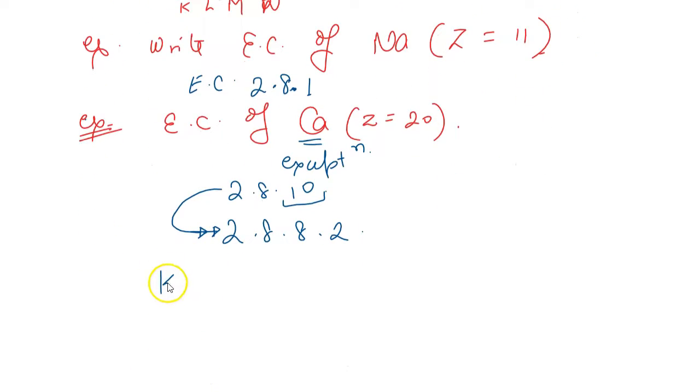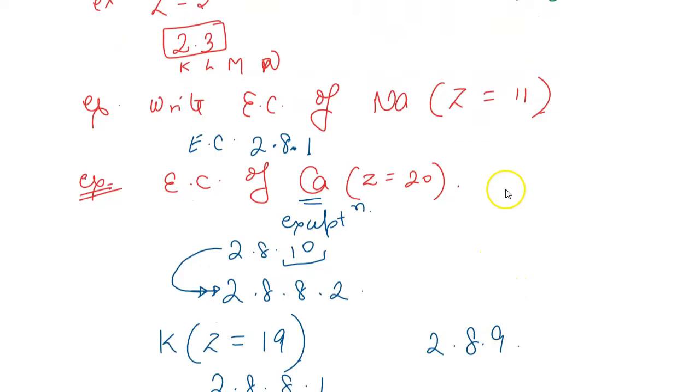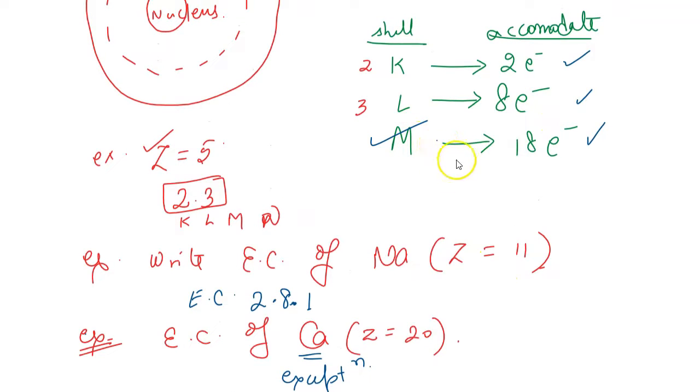Even if you look at potassium, atomic number is, let's say, 19. So you will find 2, 8, 8, 1, right? I will never write it as 2, 8, 9. This is only acceptable when there is one more shell and the electrons can be added onto that, right?